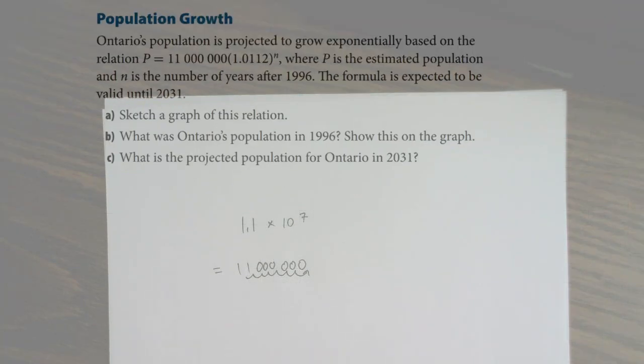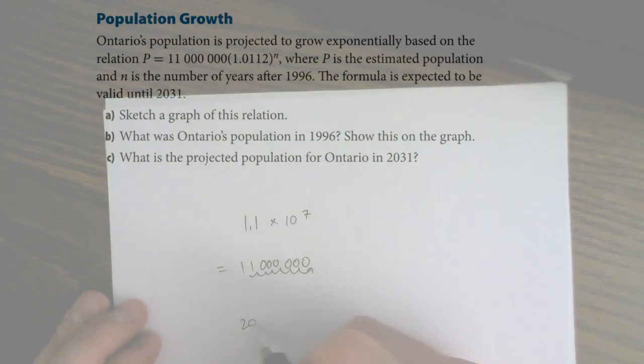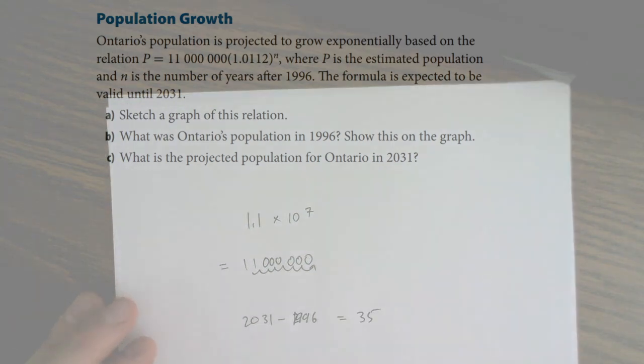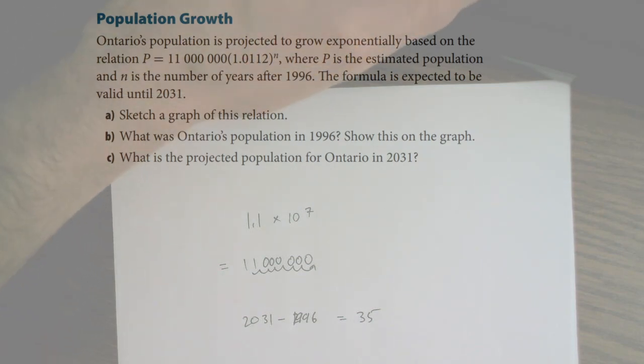What is the projected population for Ontario in 2031? So 2031 is 35 years into the future, 35 years from 1996.